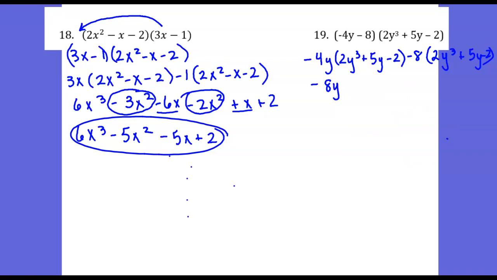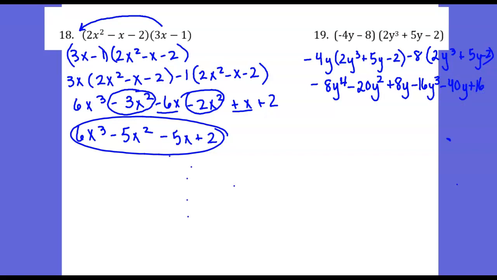All right, negative 8y to the 4th power, minus 20y squared plus 8y minus 16y to the 3rd minus 40y plus 16.